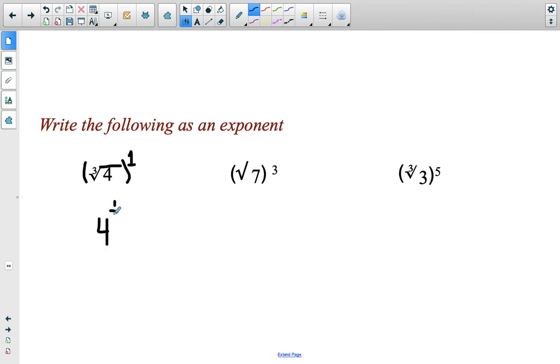Remember, your exponent comes from your numerator and your radical comes from your denominator. In this case, this is the square root. So this would be a 2 here. Square root of 7. So that's 7 to the power of, exponent goes up here, 2. So 3 to the power of 2. And then this one here is 3 to the power of 5 over 3. And that's it.